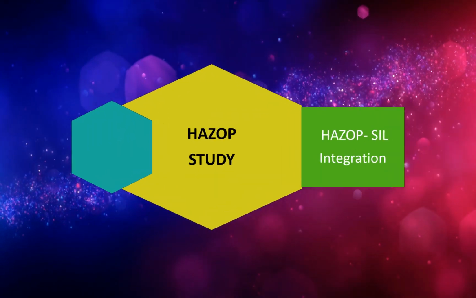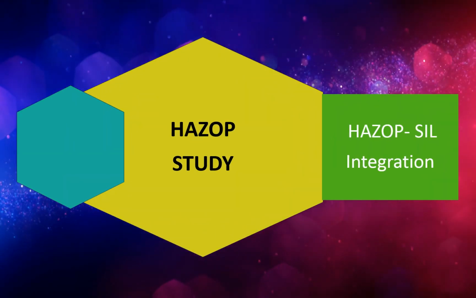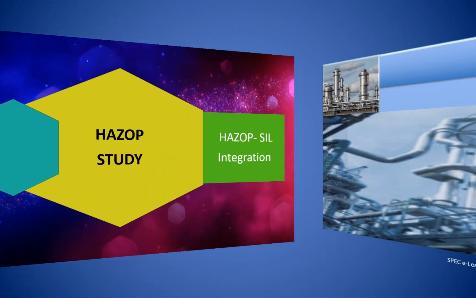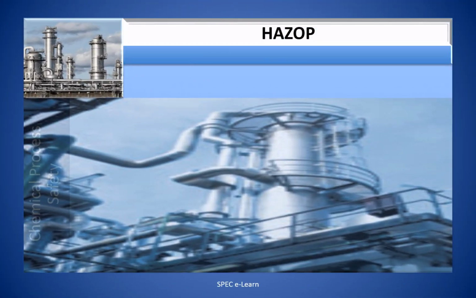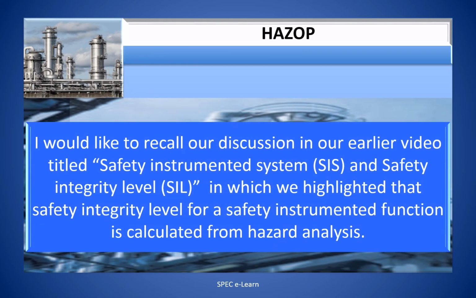HAZOP and SIL integration. I would like to recall our discussion in our earlier video titled Safety Instrumented System and Safety Integrity Level, in which we highlighted that safety integrity level for a safety instrumented function is calculated from the hazard analysis.